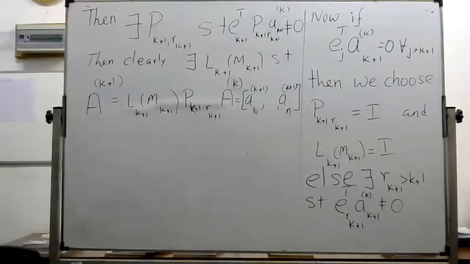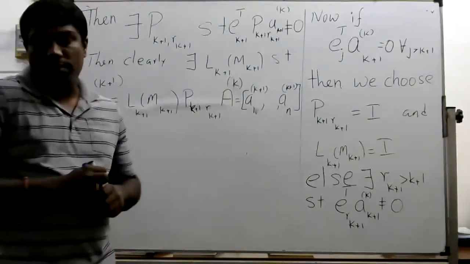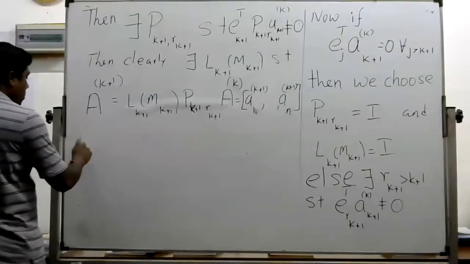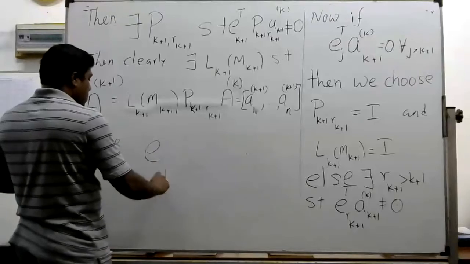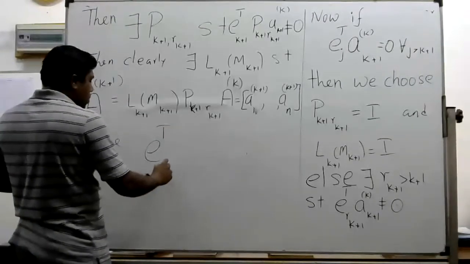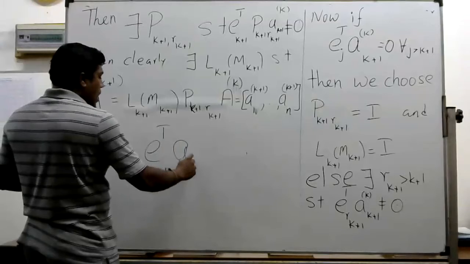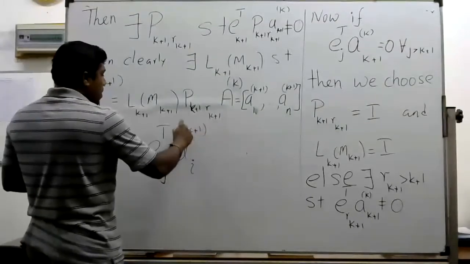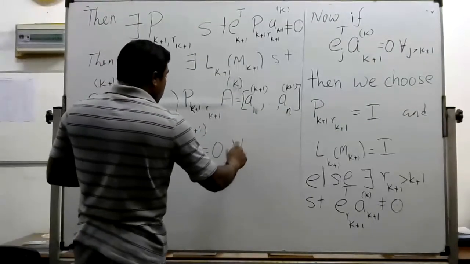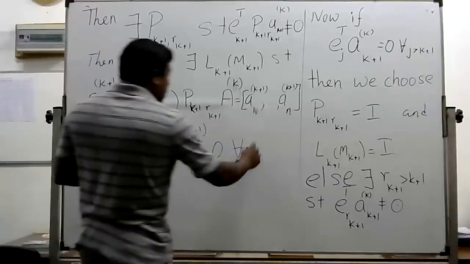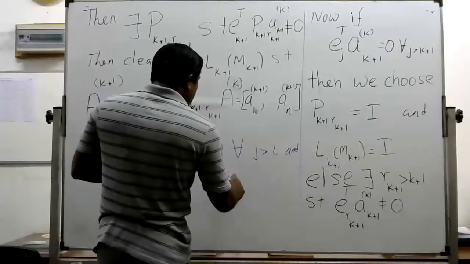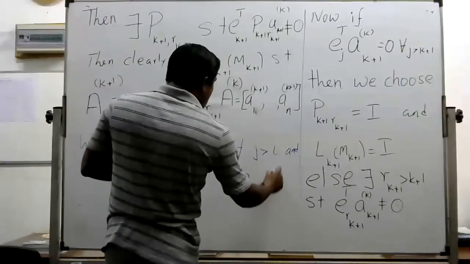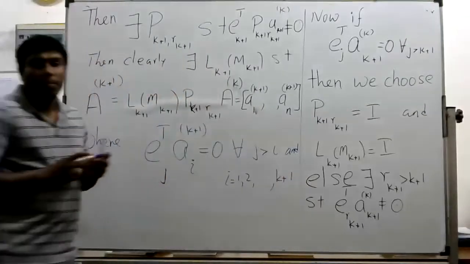So here, we know that Ej transpose Ai k plus 1 will be 0 for all j greater than i, and i running from 1 up to k plus 1.